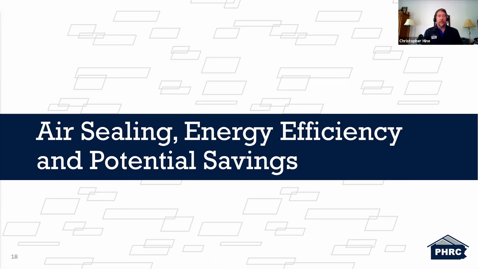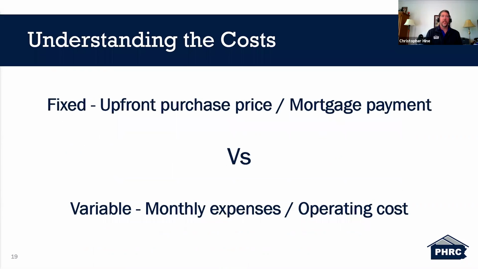So moving on to air sealing, energy efficiency and potential savings. Here is where we're going to put some numbers to it, okay? So really simple slide here, but I think it really lays the groundwork that we have both fixed and variable costs, right? So our fixed costs, that's our upfront purchase price. That's our mortgage payment. There are reasons that can change over the life of the mortgage, but we're going to assume for simplicity's sake that that's your fixed mortgage payment.